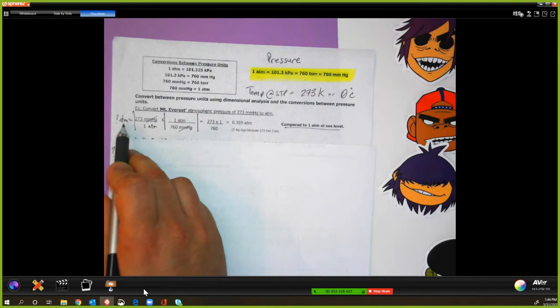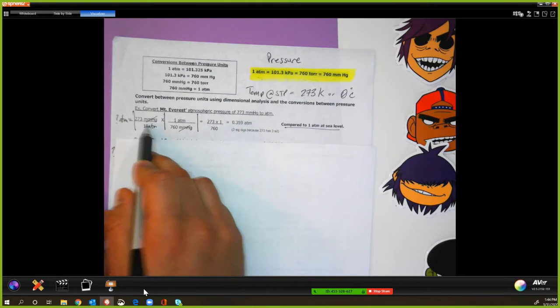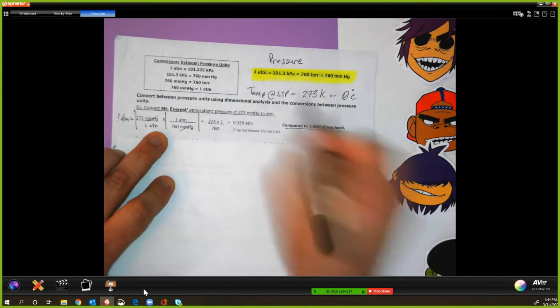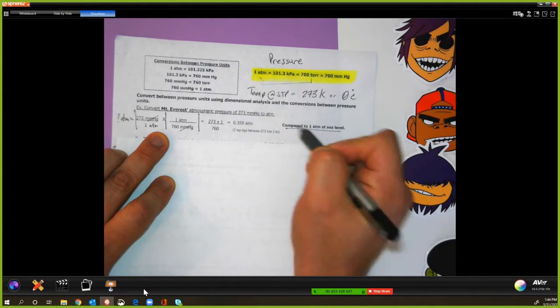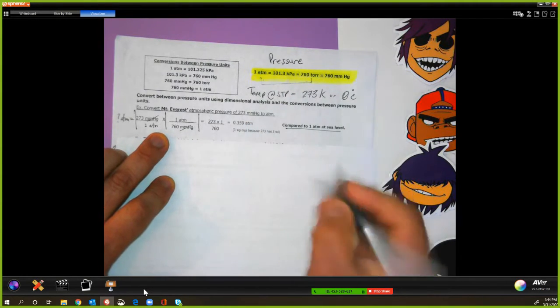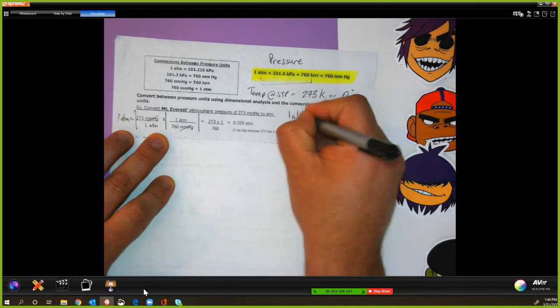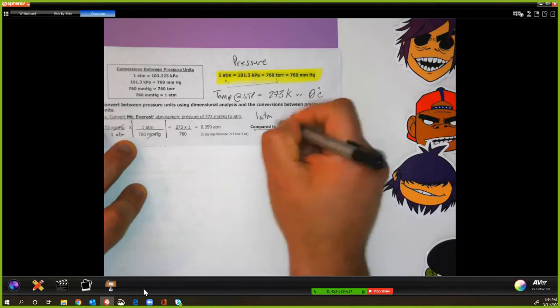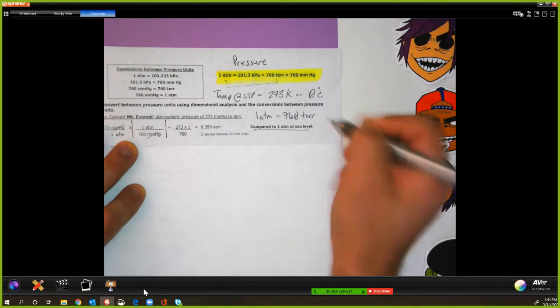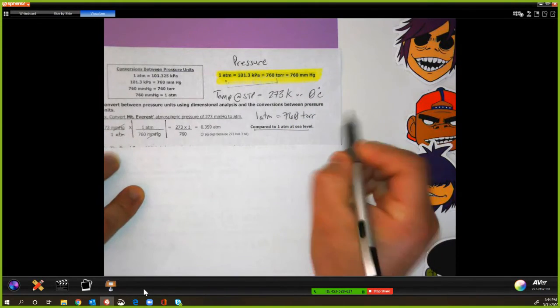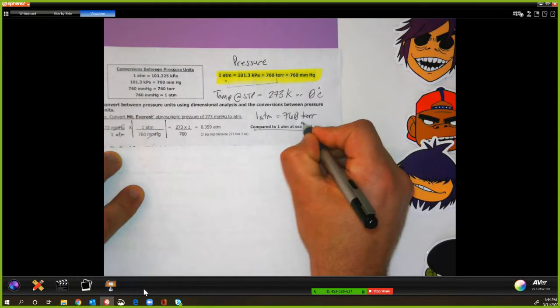How many atmospheres are in 273 millimeters of mercury? And you look over here, and 1 atmosphere is equal to 760 torr. So that's a conversion factor here that you're using. 1 atmosphere is equal to 760 torr. And I'm sorry, millimeters of mercury.